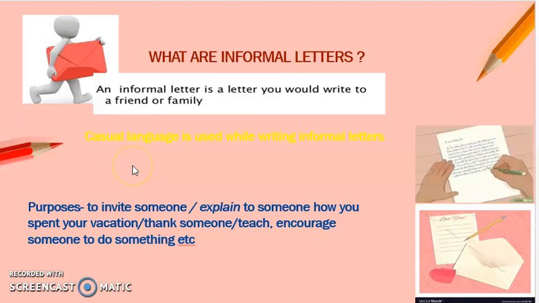Now, why would you write a letter to someone? Remember, in the early days when we did not have any telephone, mobile phones, or email, we used to write letters to our family members. If I wanted to invite someone, I would write a letter. If I wanted to tell, for example, my cousin how I spent my vacation, I would write a letter.